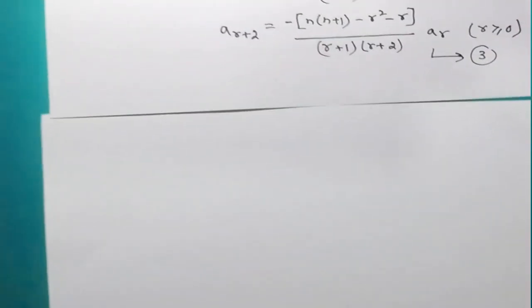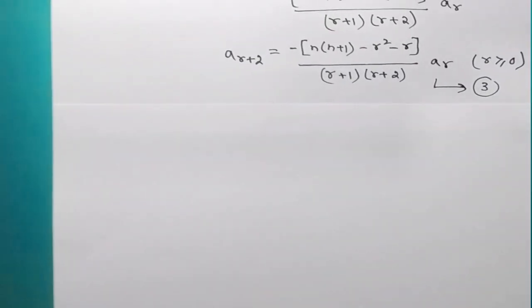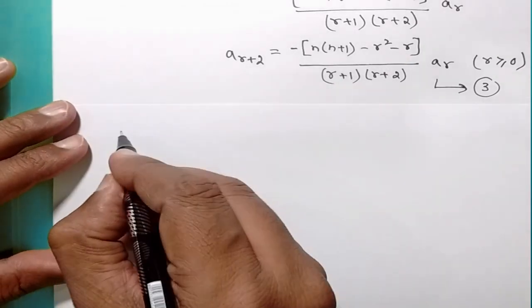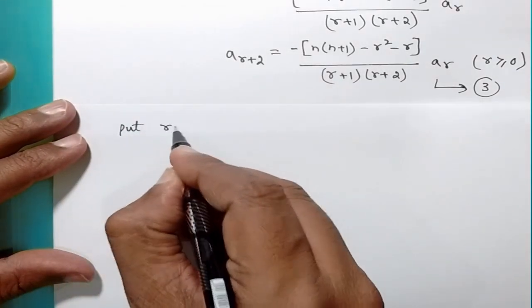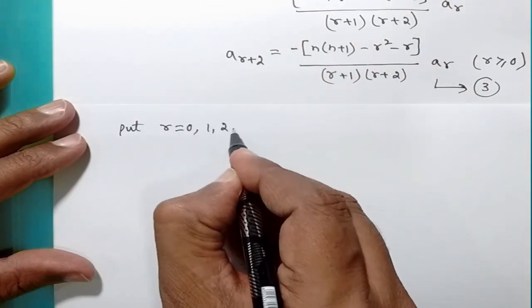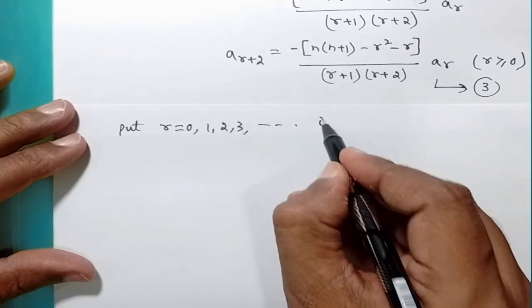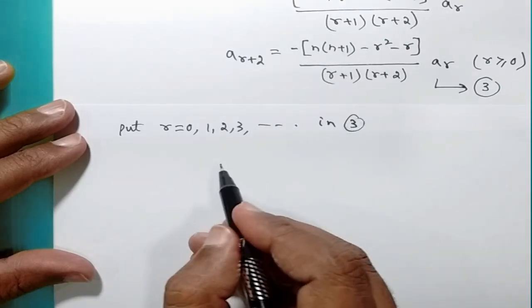So starting with r as 0. Put the value of r to be 0, 1, 2, 3 and so on in equation number 3.